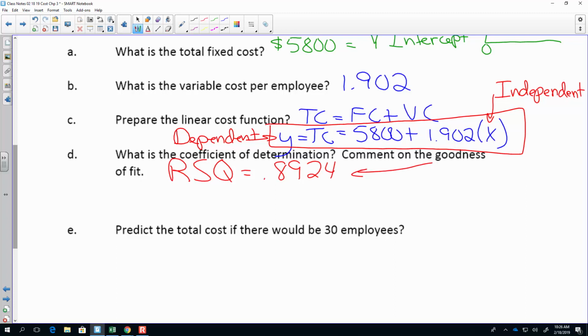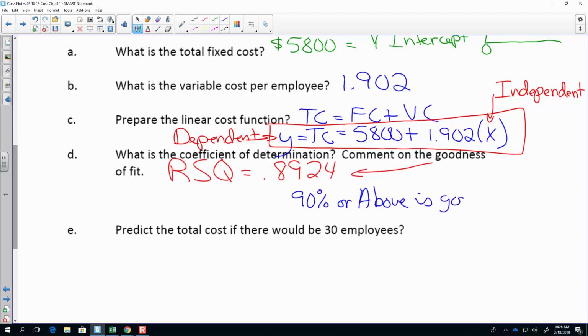How good is that number? Isn't it like 90 and above? It's good. 90 or above is what we're looking for. It's like A, B, C, D, you know, in class. 90% or above is good.